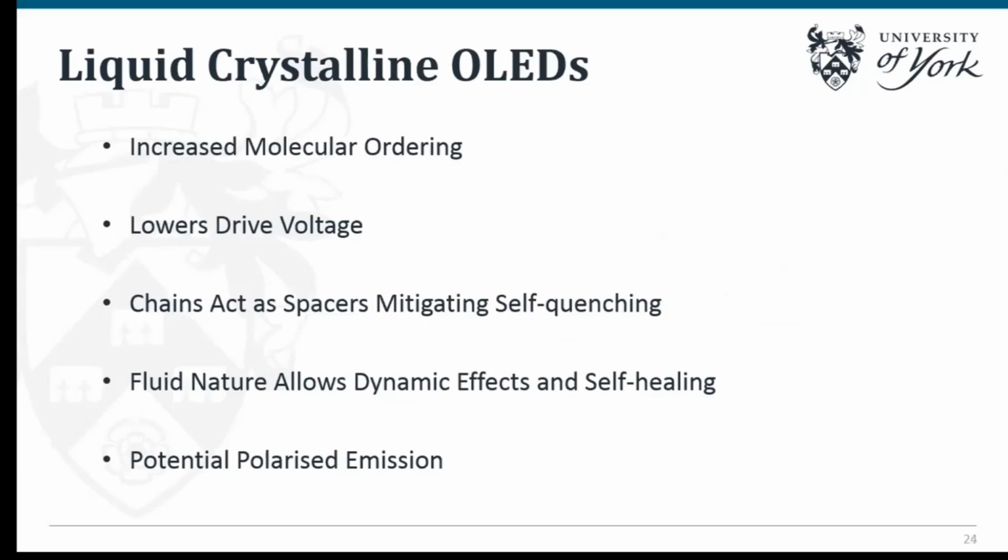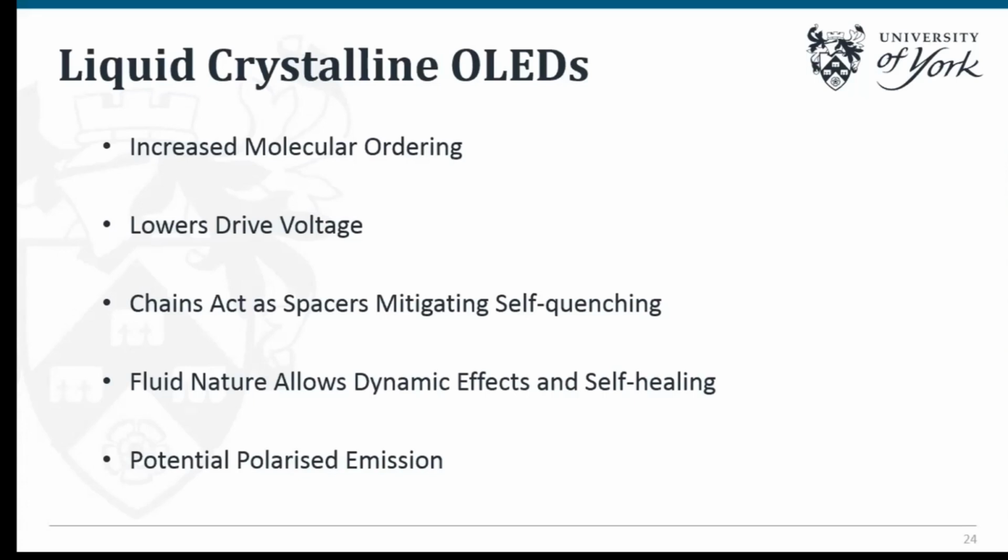The first is that a liquid crystal phase is an inherently ordered phase, which means you can order your molecule in that phase, which will actually lower the overall voltage and increase the efficiency of your device, because the charge is able to move more easily through an ordered phase than a disordered phase.